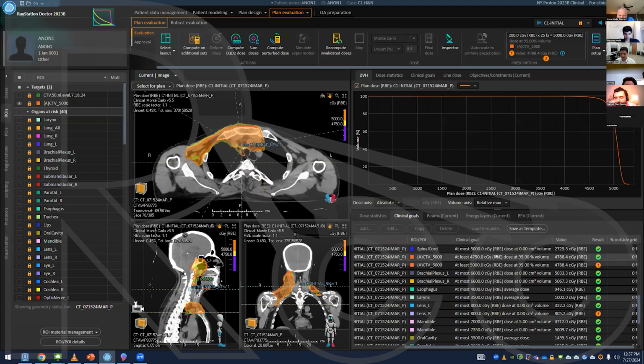And you see that here, 95% of the volume, getting at least 95% of the dose has been exceeded. This should be in an IMRT plan higher, but for protons, this is how they plan it. And then at least the prescription dose to 95% of the volume. This one is a little borderline, but again, because of all the volume that's going close to critical organs.